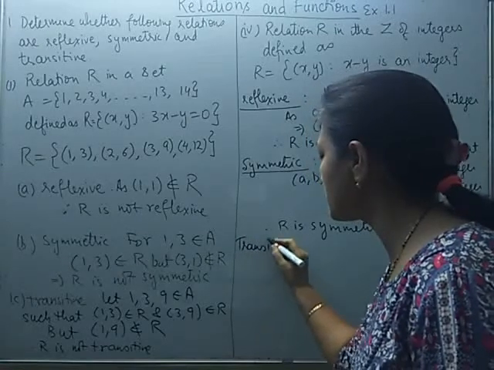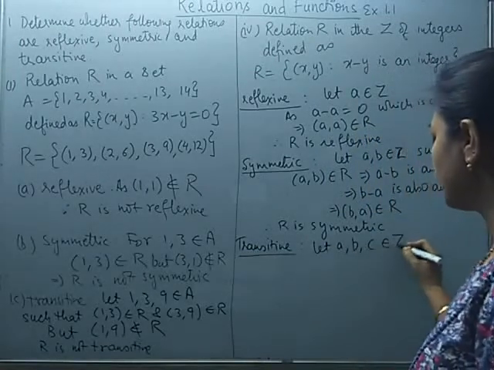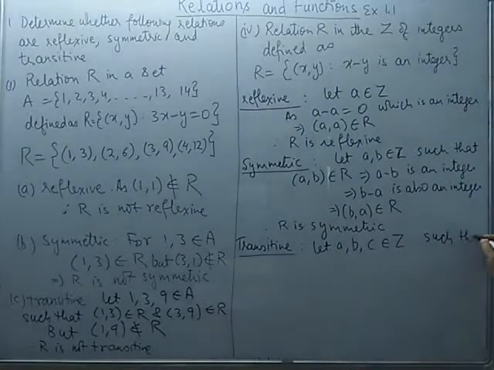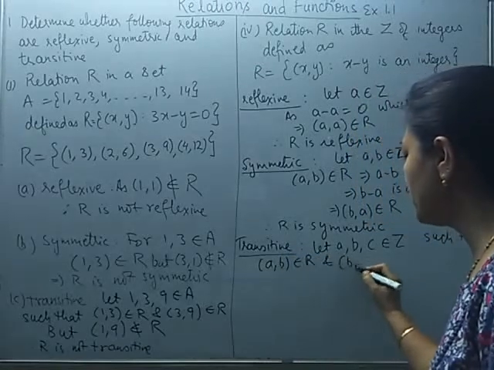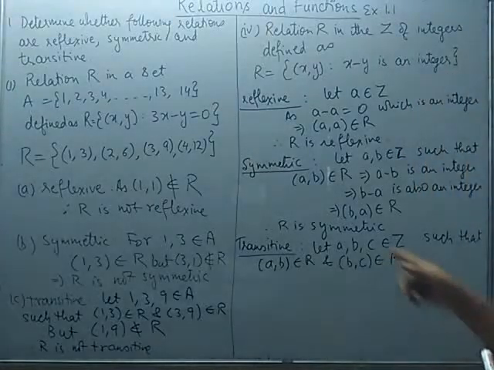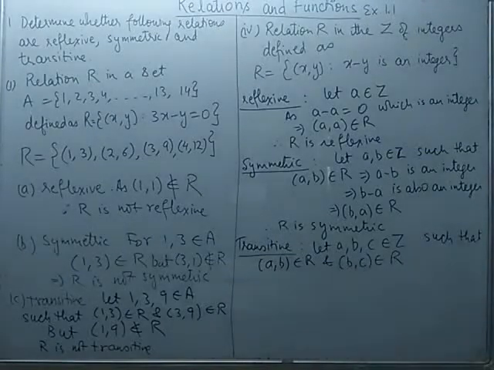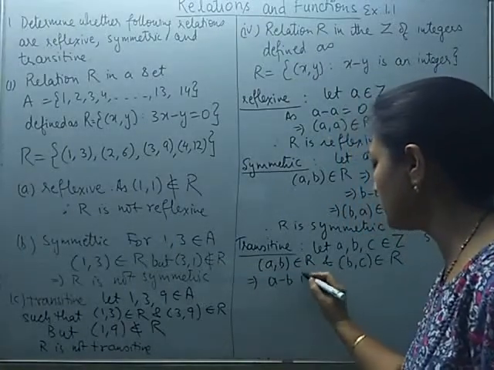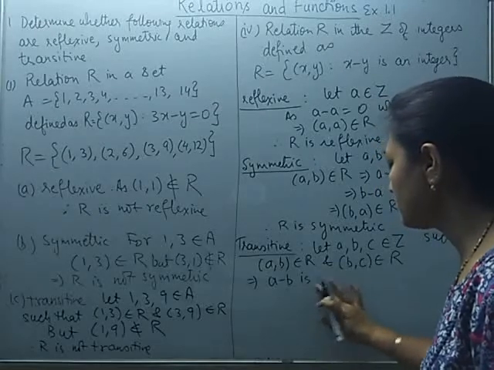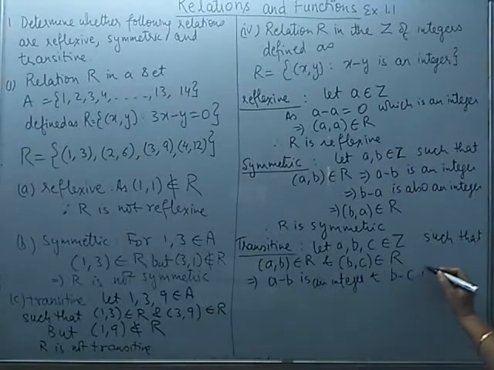Then the third condition, transitive. For this, I will take three integers, say A, B and C, belonging to the set Z such that (A, B) belongs to R and (B, C) also belongs to R. That means A satisfies the given relation with B and the same relation B satisfies with C. So these are two pairs satisfying the definition given by R. That means A minus B is an integer and B minus C is an integer.